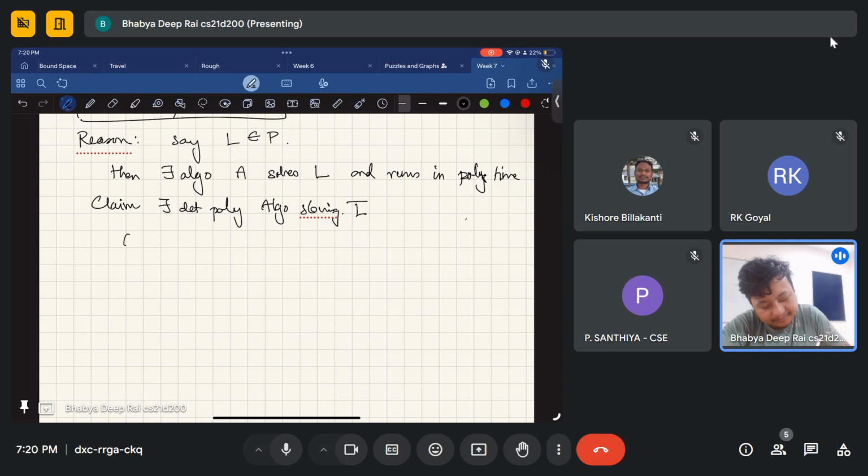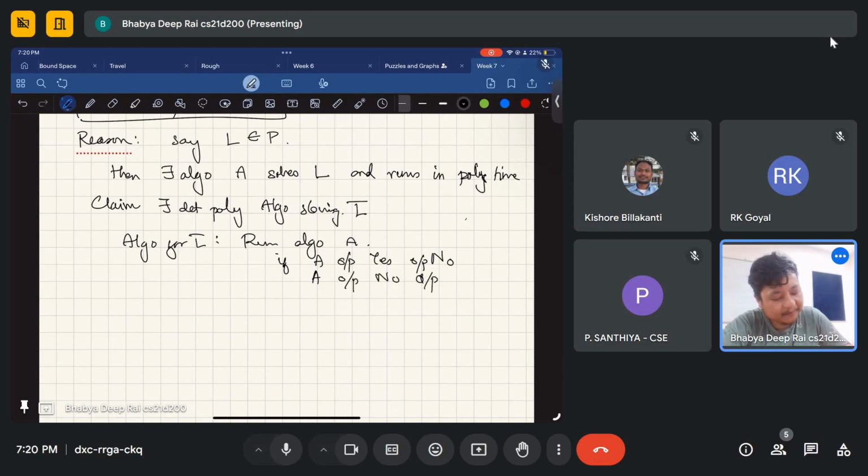What is that algorithm for L complement? It is simply: run the algorithm A. Then it will output yes or no. If A outputs yes, then output no. If A outputs no, then output yes. So its behavior is exactly opposite to what A does.